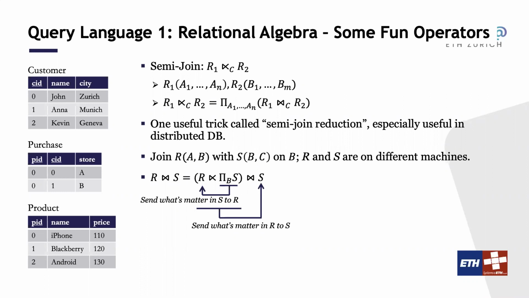If it doesn't matter, it will not show up in the semi-join result, and you do not need to send it from machine 1 to machine 2, because even if I communicate it, it will not be useful for my join. So this is a very interesting trick called semi-join reduction when you are building distributed systems.